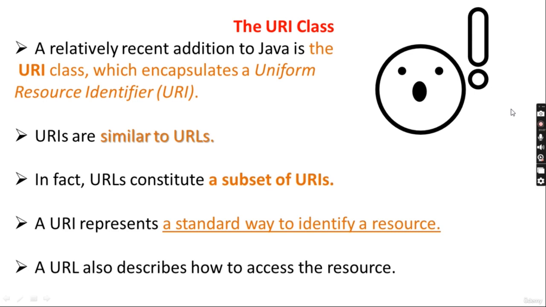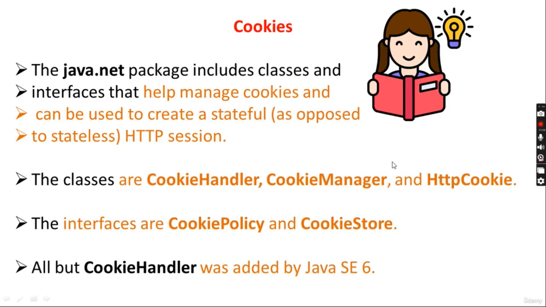Cookies. The java.net package includes classes and interfaces that help manage cookies and can be used to create a stateful HTTP session. When it is stateful, your state will be maintained, as opposed to a stateless HTTP session.